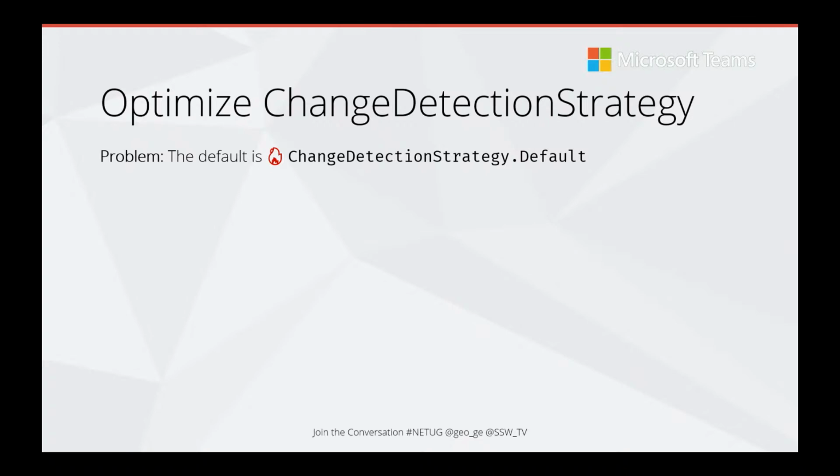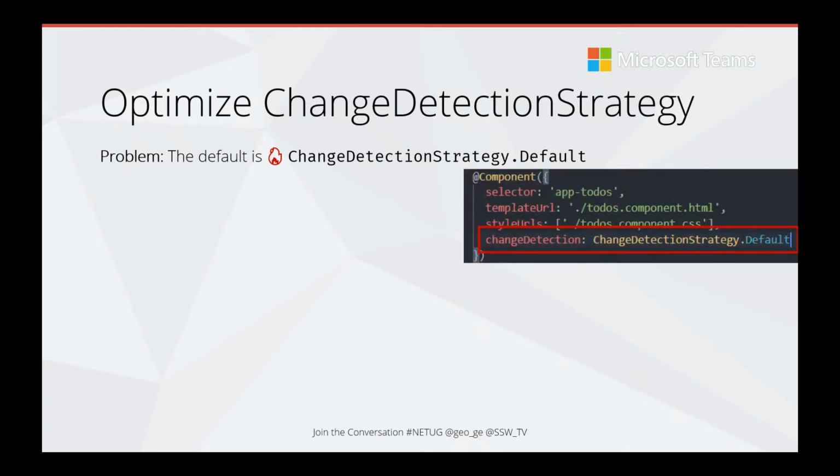The problem is that the change detection strategy Angular uses is default. Default means any change triggers everything, triggering change detection again and again and again. Usually you can see it in the component's decorator, where you have the change detection strategy, which, if it's not there, is default.